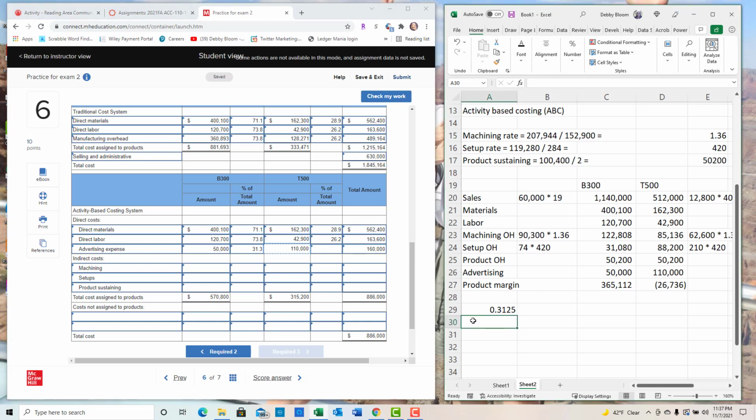And I'm going to take 110,000 and divide by 160,000, and I'm going to get 68.75%, so 68.8%.